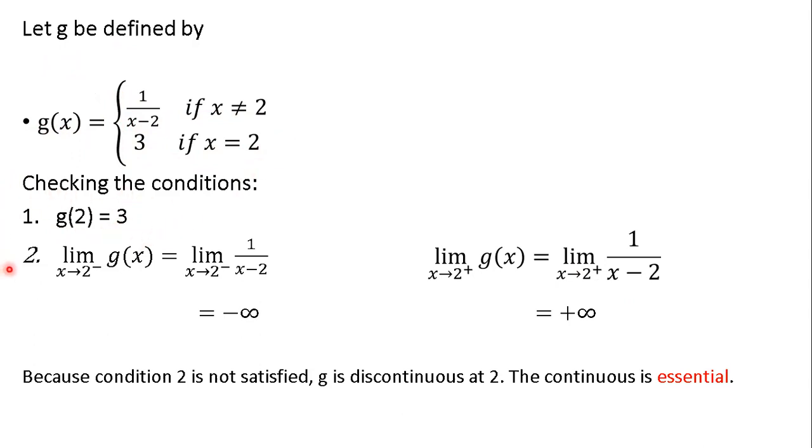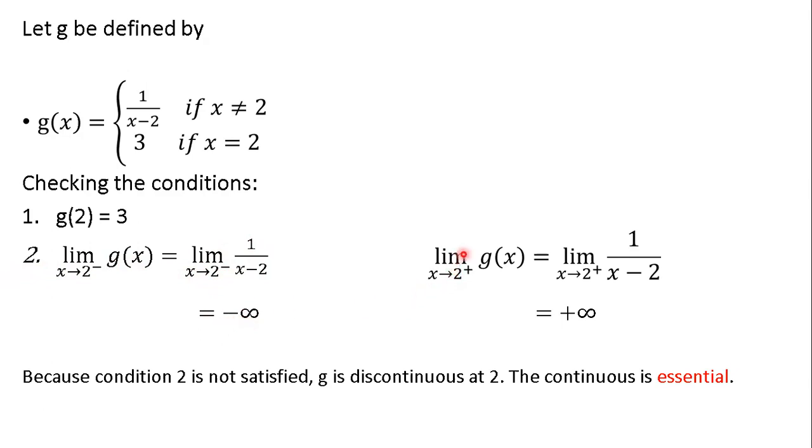For the second condition, we find the limit. Let's start with the limit from the left. The limit of g of x as x approaches 2 from the left is equal to the limit of 1 over x minus 2 as x approaches 2 from the left. That is negative infinity.